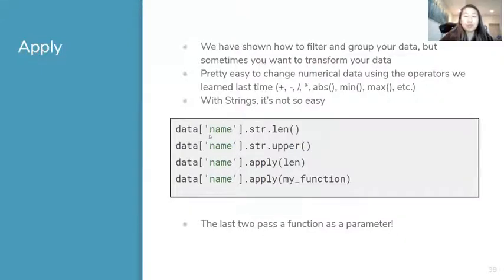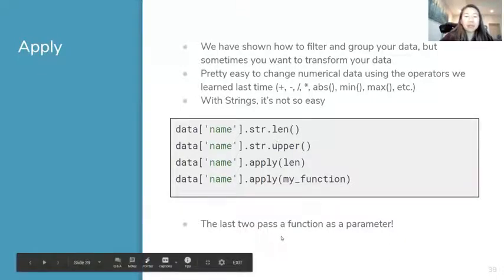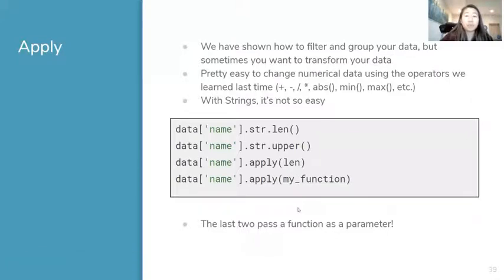You get the data, you have the following name, you get this string, you can do length, upper, apply, and apply my function. The last two pass a function as a parameter. So basically it applies the function to everything within that series.